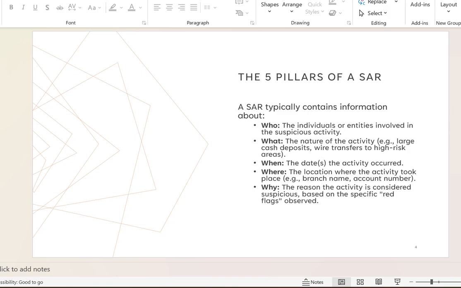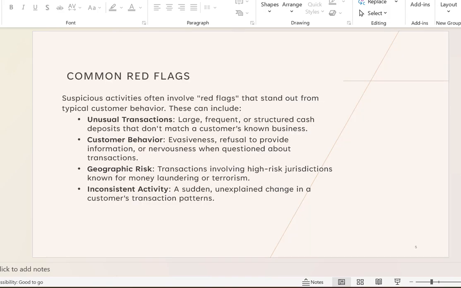Let's move on to the next slide, which covers the common red flags generated by the transaction monitoring system. Suspicious activity often involves a red flag that stands out from typical customer behavior.